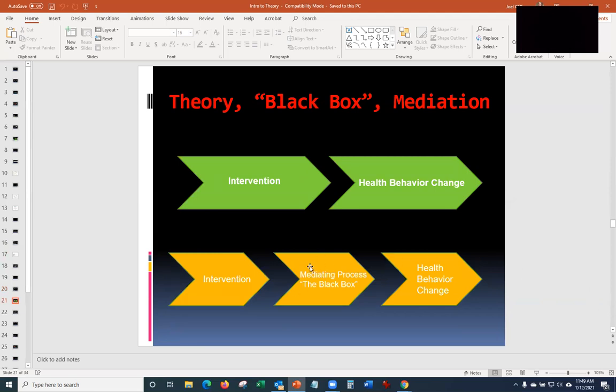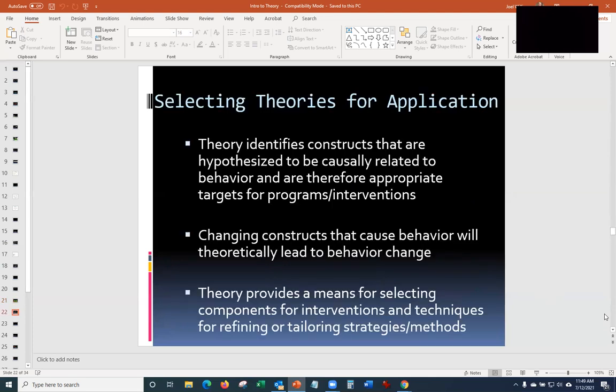So we've got some intervention that we expect to change a particular health behavior. And what happens in the middle there is what our theories or our models are explaining and predicting. So that's a visualization of the real application.